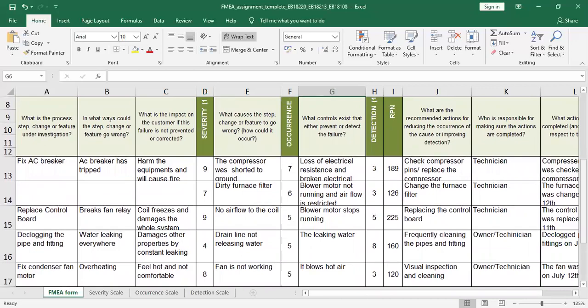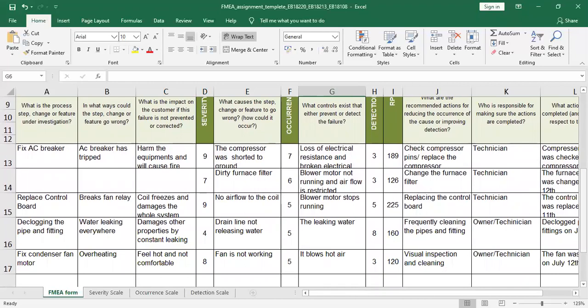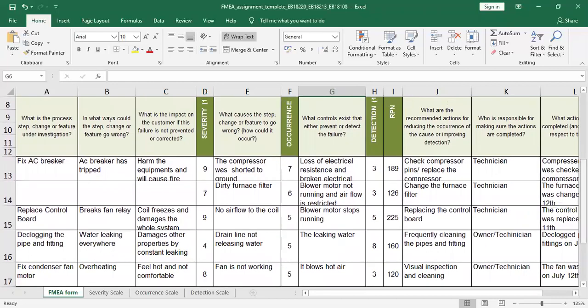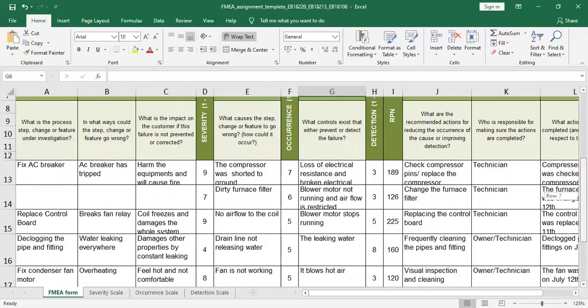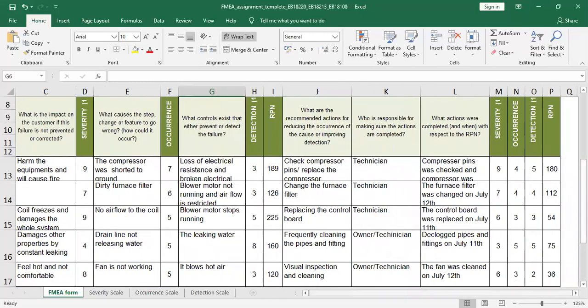The potential cause is that the fan is not working, and the current control is that the air blows hot air, giving a total RPN of 120. The recommended action is visual inspection and cleaning, which can be done by the owner and technician, and it was cleaned on July 12, reducing the RPN to 36 from 120.